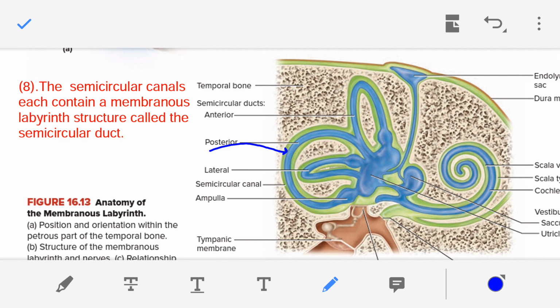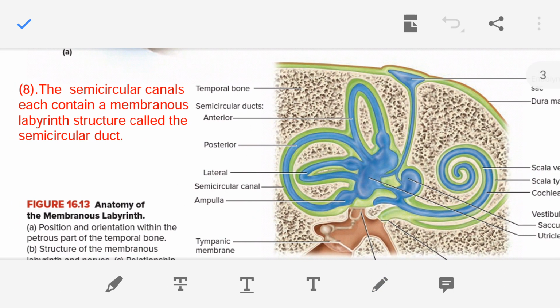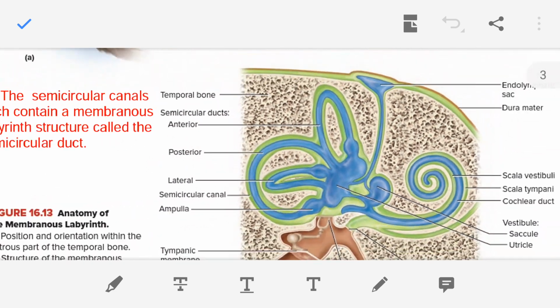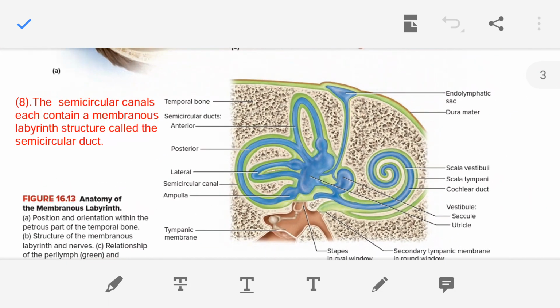So you can understand this figure as follows: the green color part is the bony labyrinth portion, and the blue color portion in this entire figure is the membranous labyrinth.